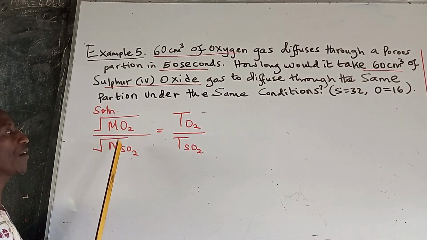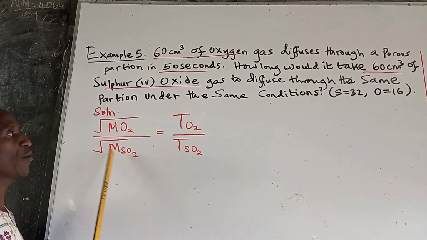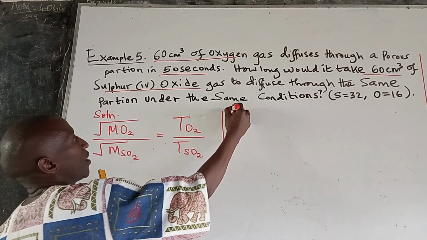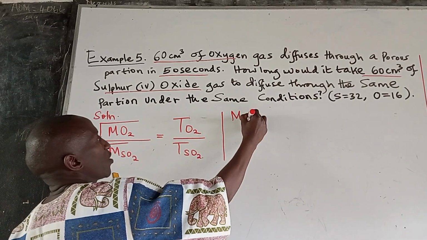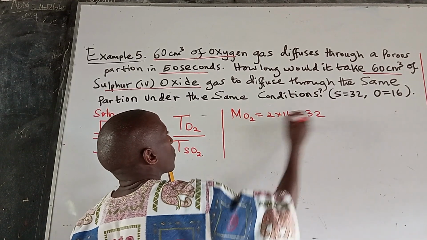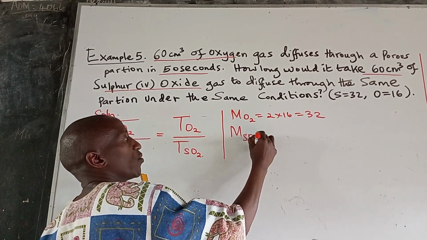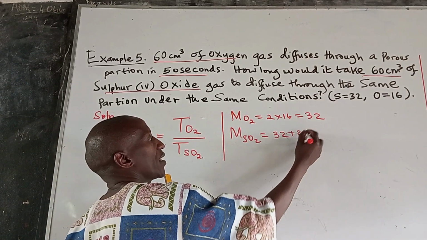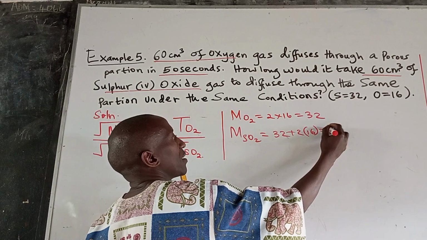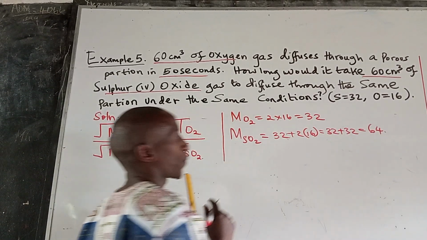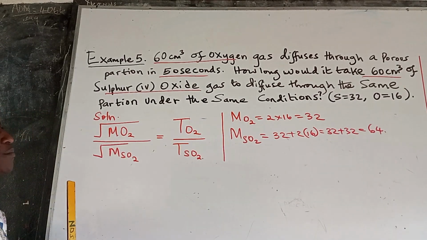We need to identify and calculate the molecular masses. So before we substitute, let's get the values. Molecular mass of oxygen is equal to 2 times 16, and that is 32. Molecular mass of SO2 is equal to 32 for sulfur plus twice the oxygens, that is 32 plus 32, giving you 64. So now we have all the items that we need.